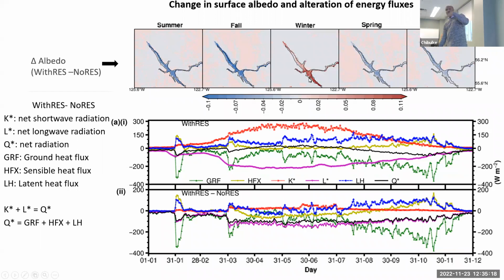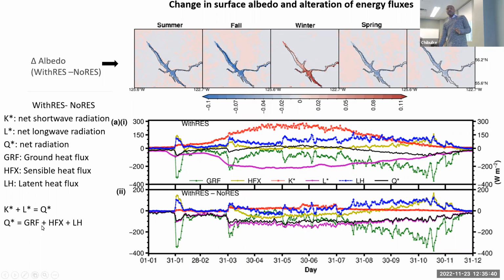So the incoming radiation bounces off, right? But otherwise, you have the water, which can absorb more incoming radiation. Okay, so what you are looking at here are different components of the net radiation.